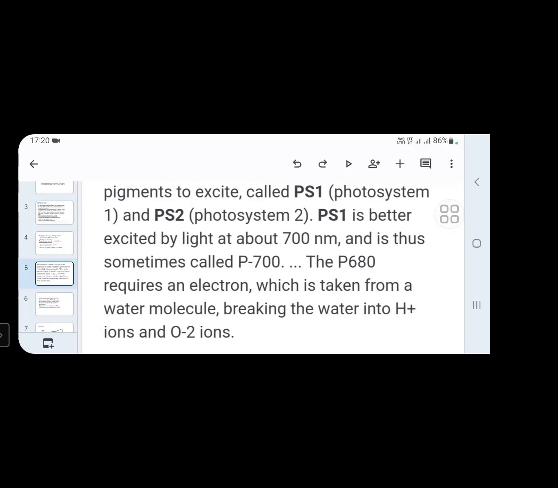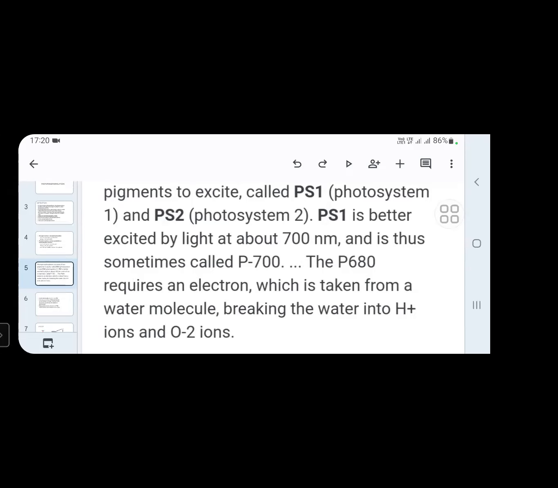It is located in the closely stacked grana. Yesterday I discussed the structure of the chloroplast, and PS2 is located in the closely stacked grana and is not in direct contact with the stroma.